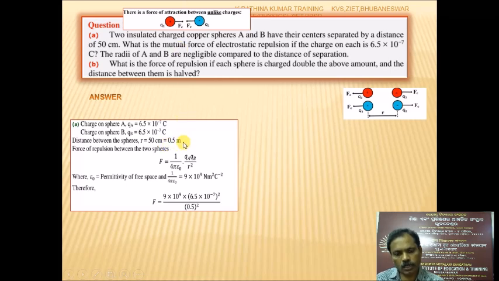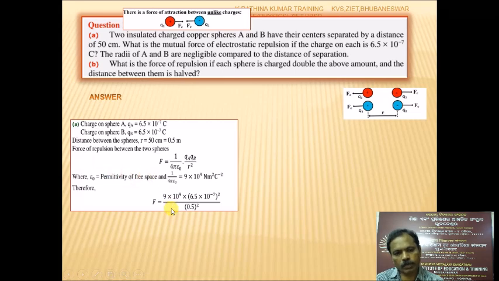At least you will get some marks whether the answer is right or wrong. Force of repulsion between the two spheres, F is equal to 1 by 4 pi epsilon naught QA QB by R square. General equation, and epsilon naught is the permittivity of free space, you know that 1 by 4 pi epsilon naught is equal to 9 into 10 power 9 newton meter square per coulomb square.